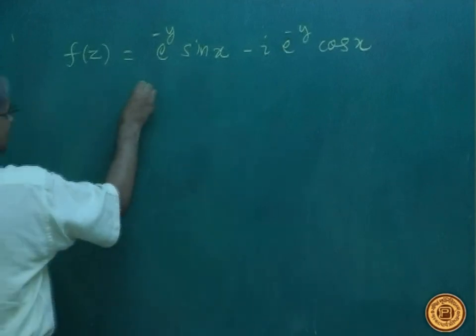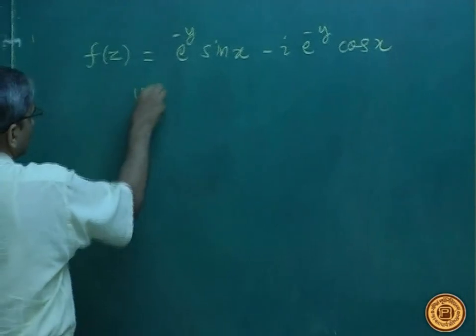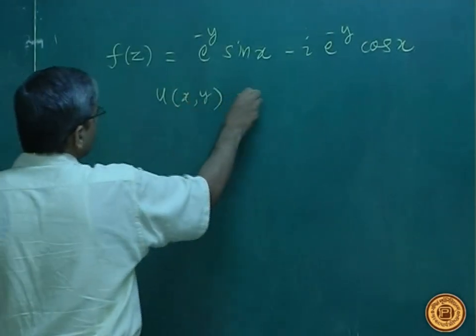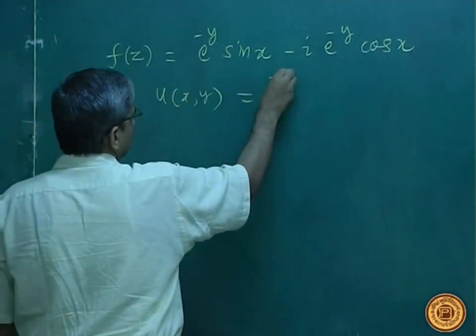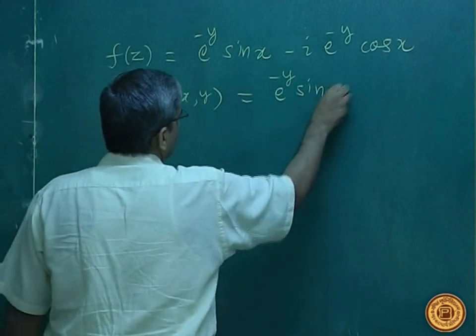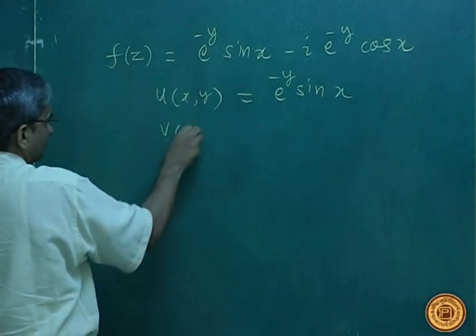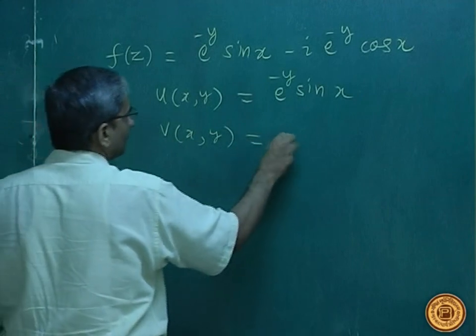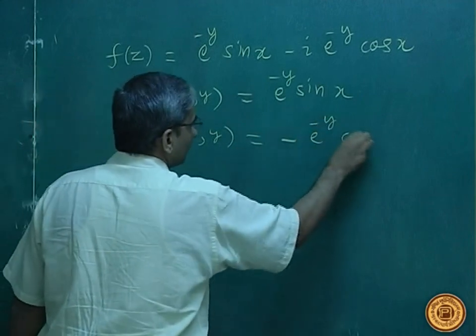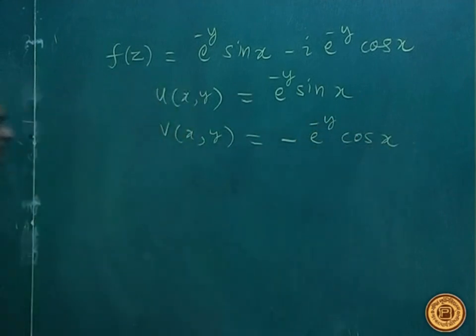So this is u(x,y), the function defined in terms of real and imaginary parts. So u is e raised to minus y sin x, and v(x,y) is equal to minus e raised to minus y cos x.